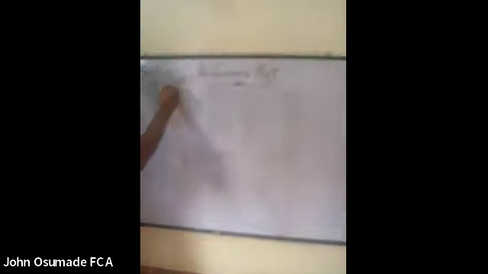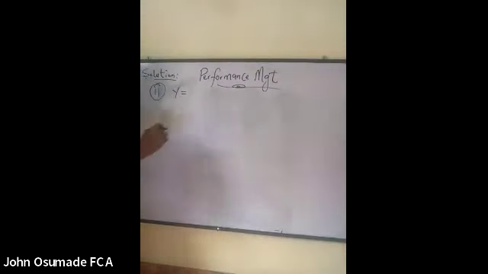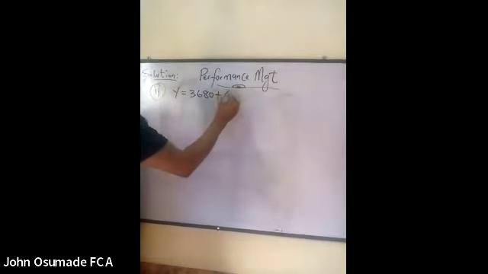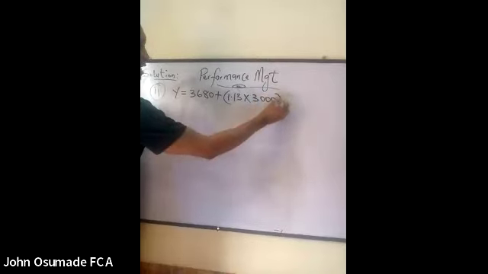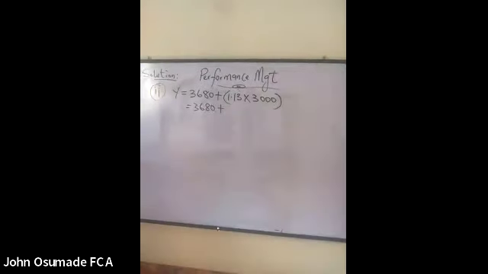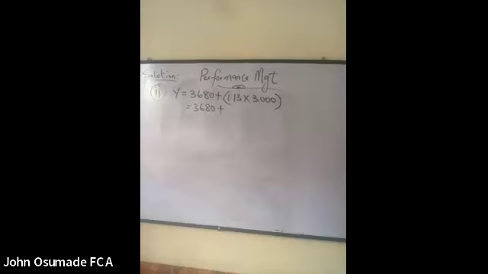That will be Y, which is the total semi-variable cost, equals to 3,680 plus 1.13 multiplied by 3,000, which is the standard hour, which is X. So that will be equals to 3,680 plus 1.13 times 3,000, which is 3390.